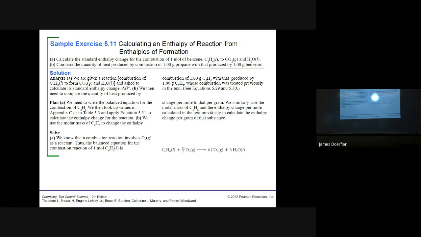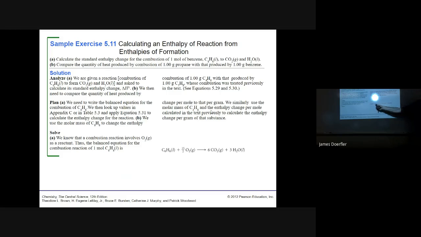But it's a combustion reaction, so you're going to take the C6H6 and react it with O2. Now, I'm glad they eventually give us this equation because when it's all said and done, this is the equation you'd go with.